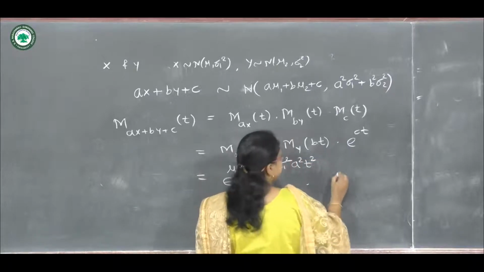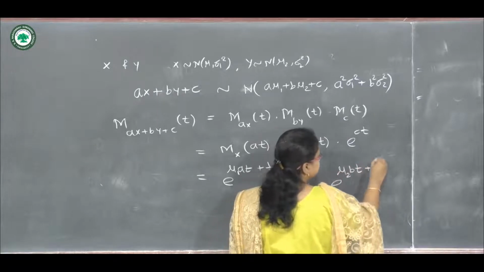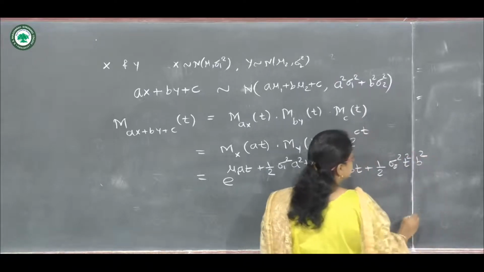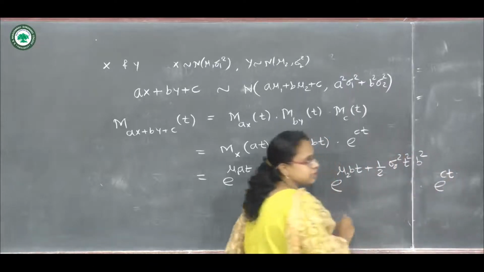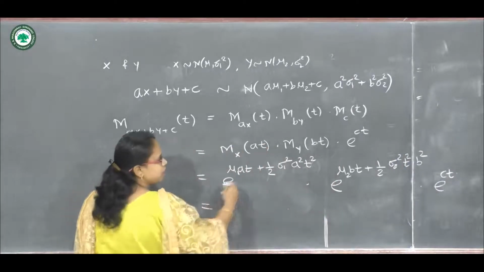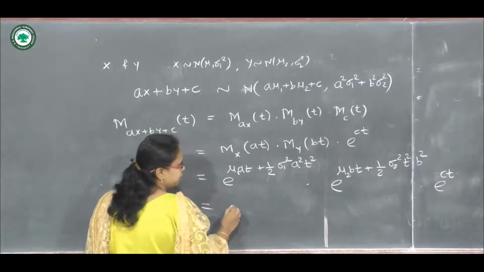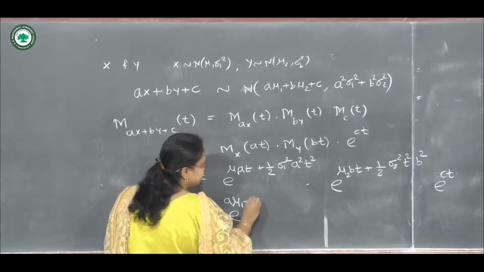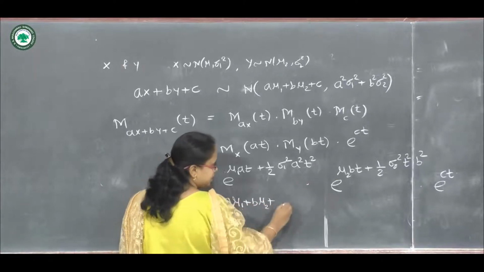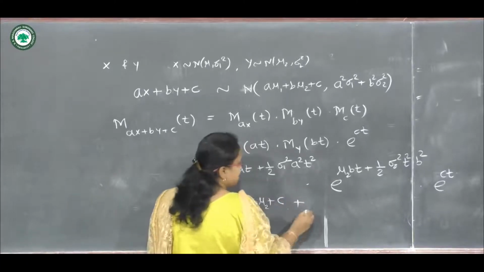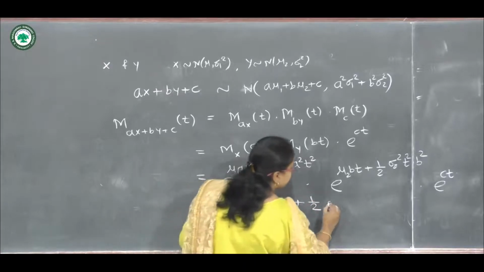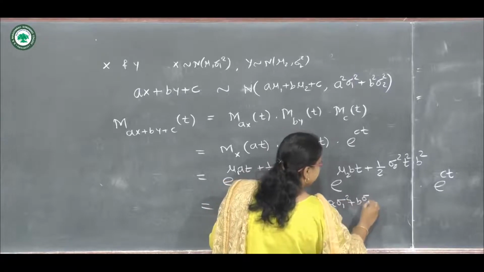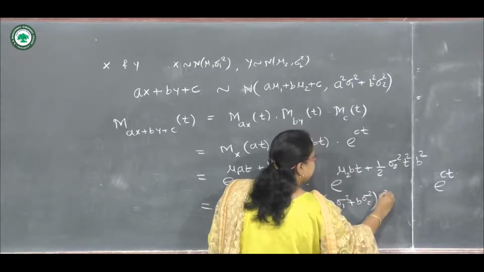Similarly, e raised to mu 2 bt plus half sigma 2 square b square t square, into e raised to ct. Further, I can combine all these terms and we will get e raised to a mu 1 plus b mu 2 plus c, multiplied by t, plus half into a square sigma 1 square plus b square sigma 2 square, times t square.